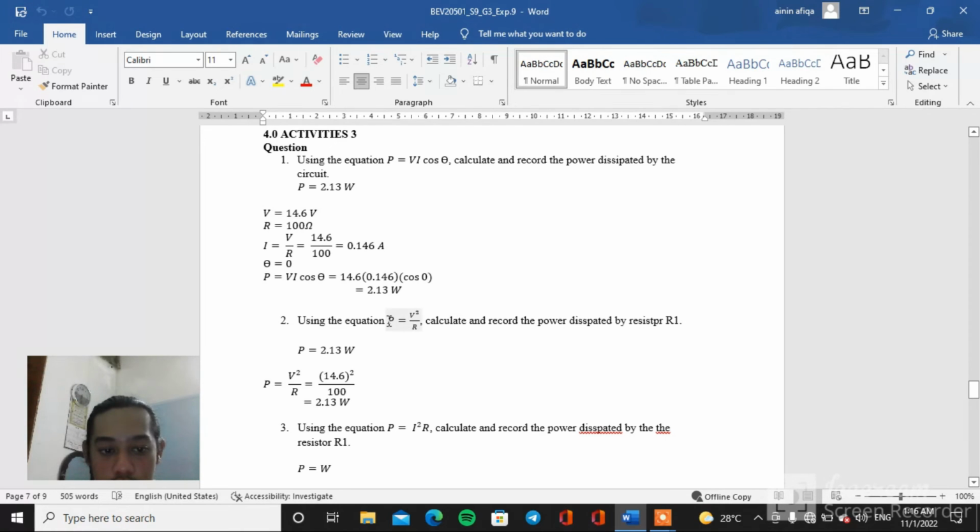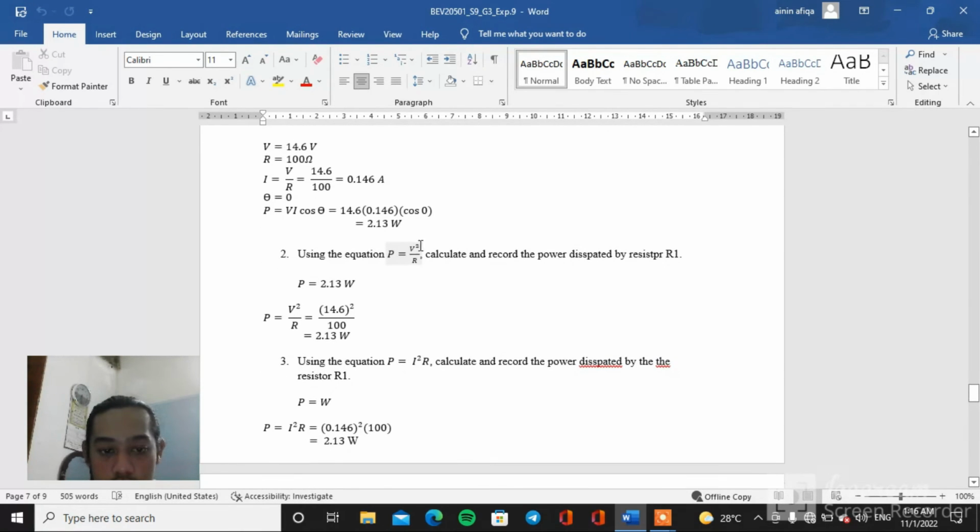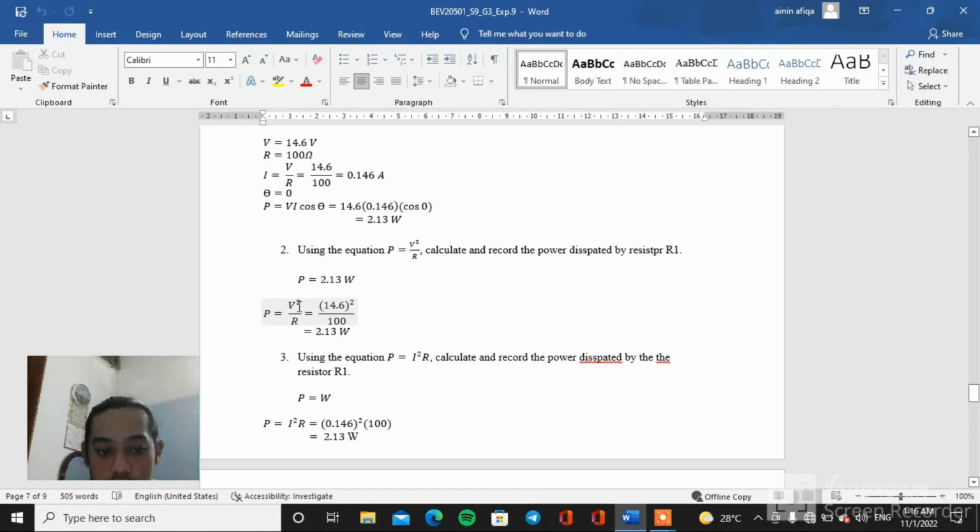For the next question, using the equation of power equal to voltage squared over resistance, we have to calculate and record the power dissipated by resistor R1. Here we have the same voltage, 14.6, and the resistance is 100.